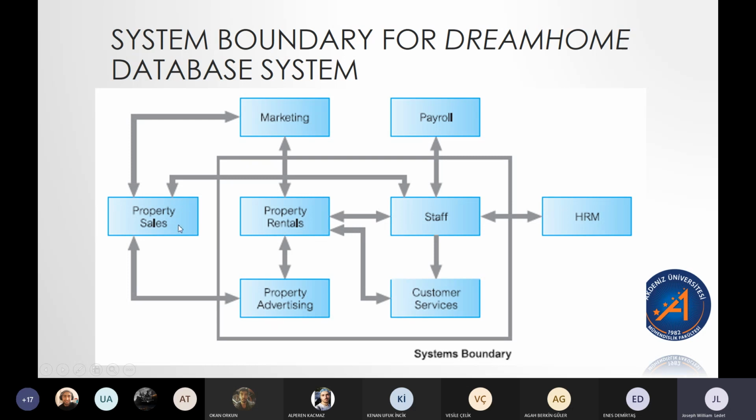So we do need to know who owns the property, right? So property sales is important to our system, but we are not in charge of designing that system. We are not going to be handling the selling of property. We're only going to be handling the renting of property. Okay, so making sure that we stay inside of the system that we are developing.